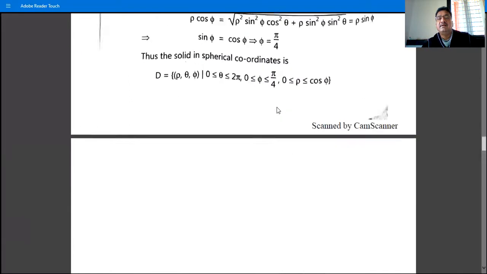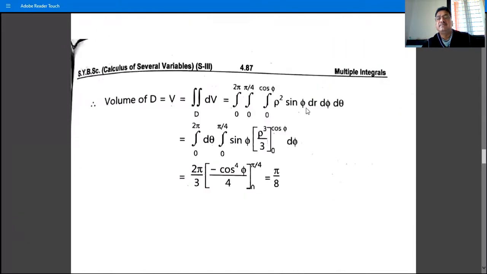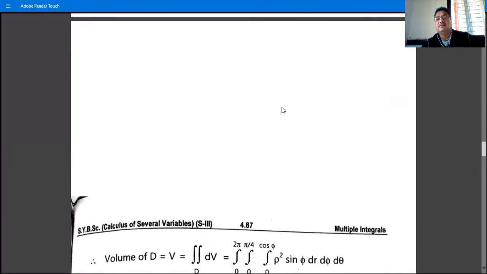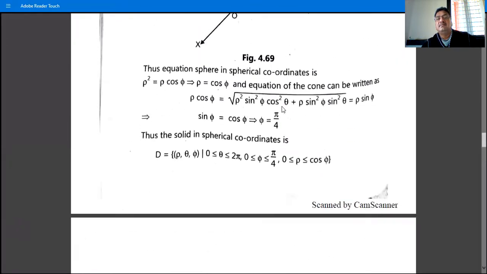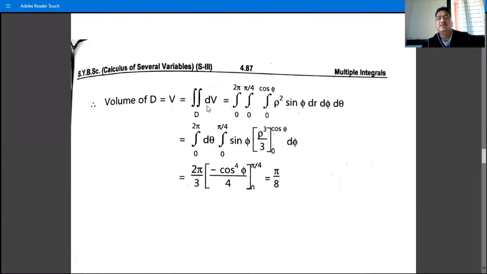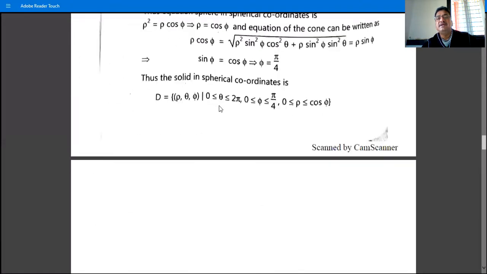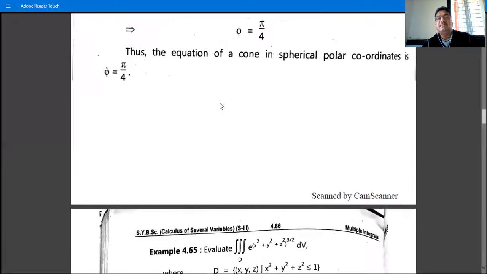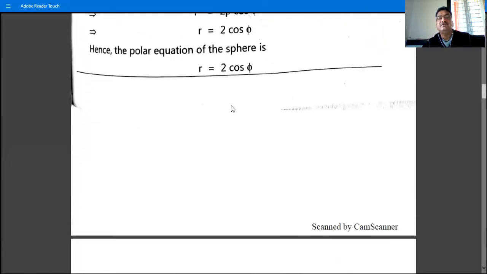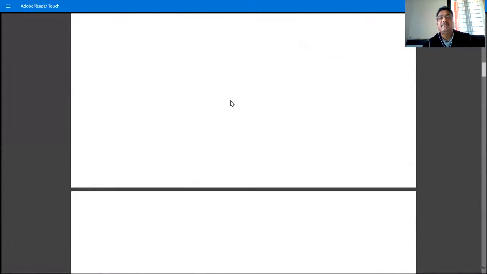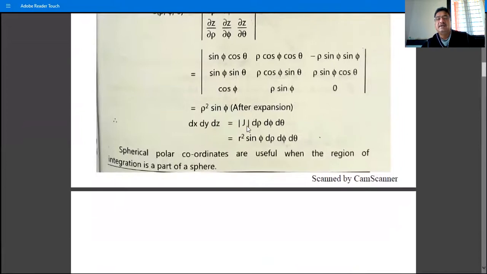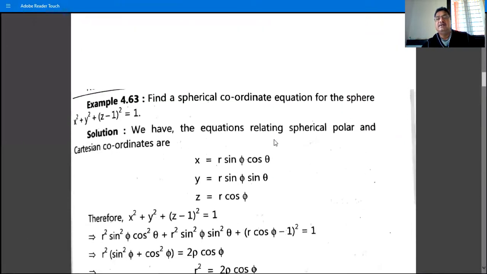Here dV means dx dy dz, and dx dy dz is replaced in polar coordinates by r square sin phi d rho d phi d theta.